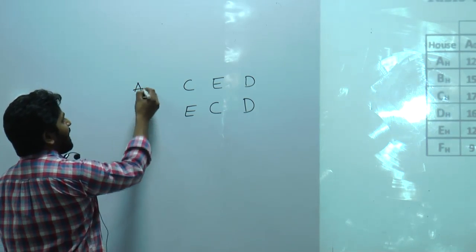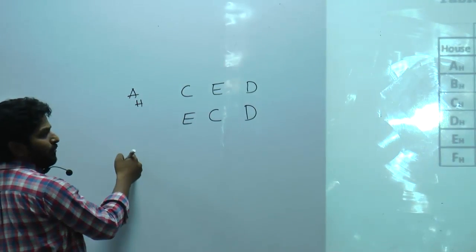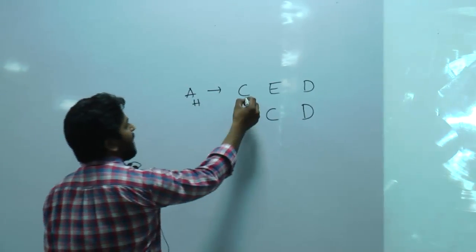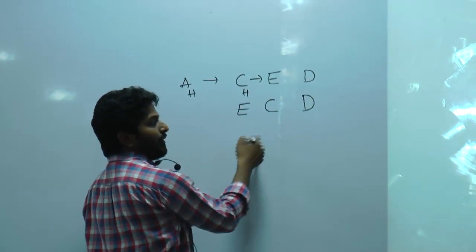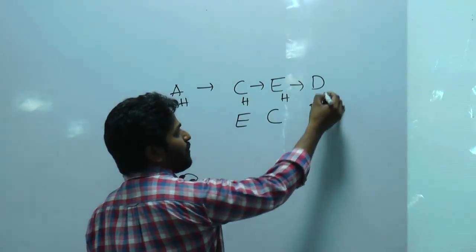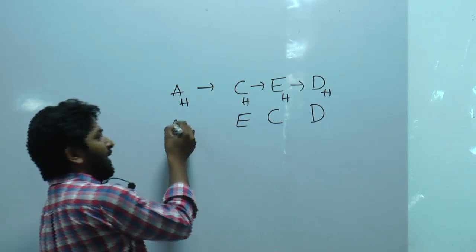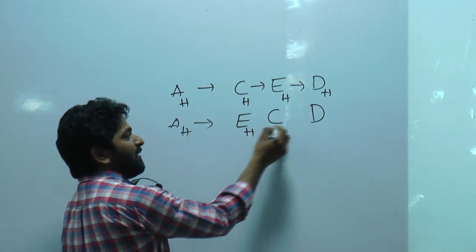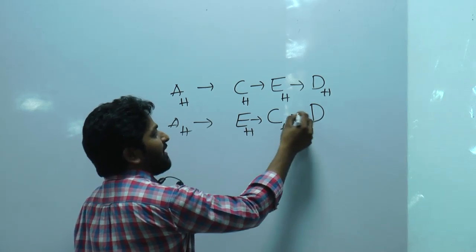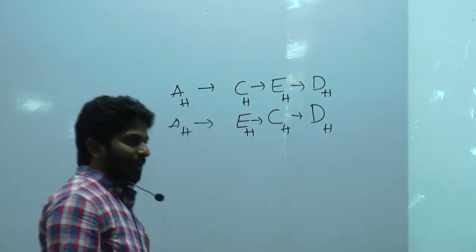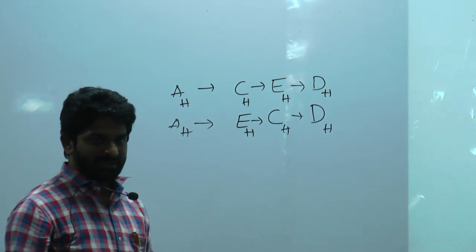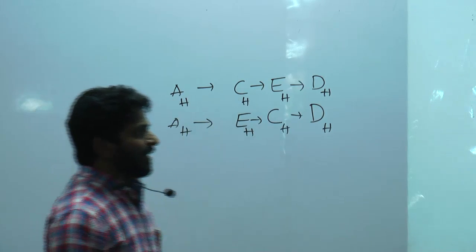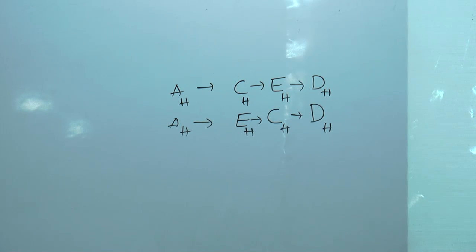Now, A house to C house, C house to E house, E house to D house. Or A house to E house, then C house, then D house. Let me calculate the distance in both the cases. From A house to C house, how much? 14.